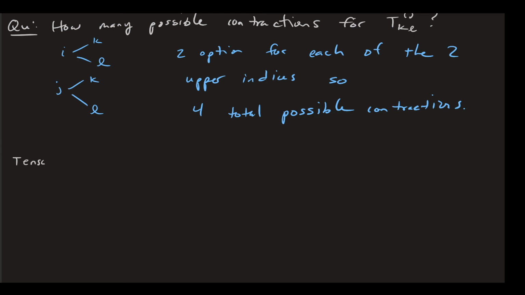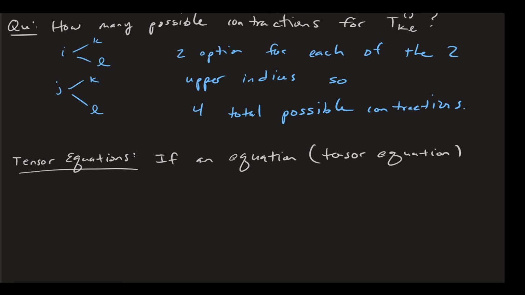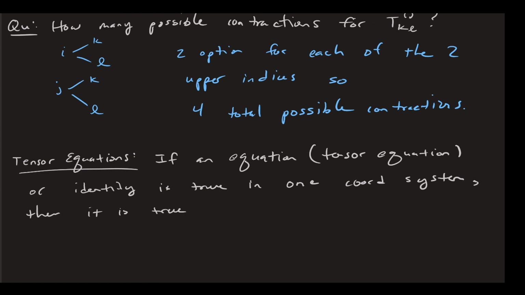So basically, if a tensor equation or identity is true in one coordinate system, then it is true in any coordinate system.